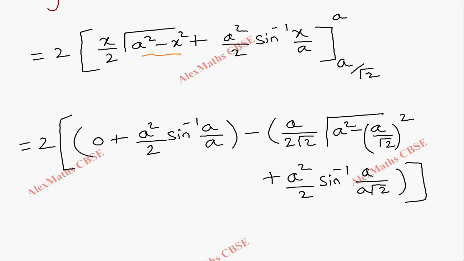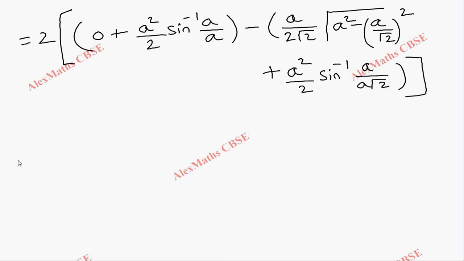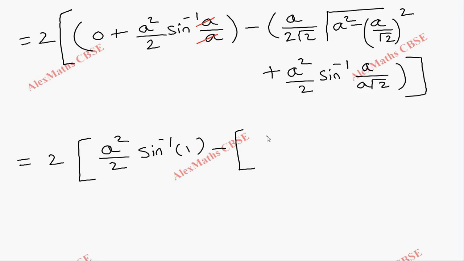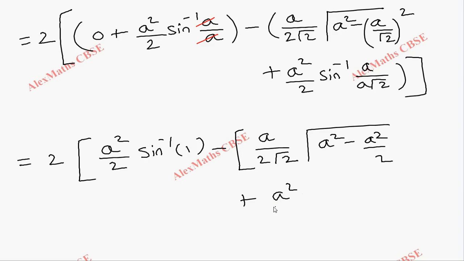Then bracket close. Now further simplifying this, still we have 2 outside and this is a²/2. After cancelling this, sin⁻¹(1). So we take sin⁻¹(1) as it is. Then minus, open bracket, a/(2√2), and this is √(a² − a²/2), plus (a²/2) sin⁻¹.